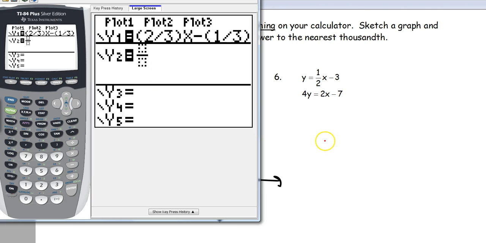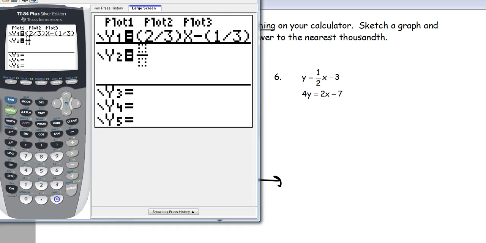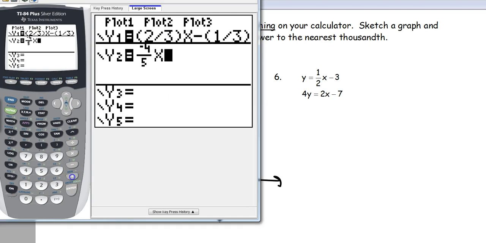But this creates a nice fraction bar for you, and then you can just type whatever you want in. So negative 4 fifths x plus 3 fifths. So you'll do plus, and again that's alpha, y equals, enter, 3 fifths. If you don't have the new operating system, it's not going to change anything. It just looks a little nicer. It's a little neater. That's it.